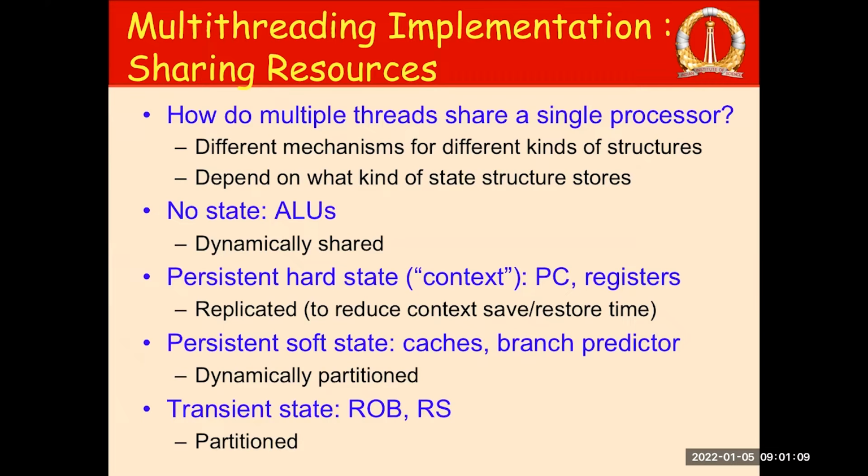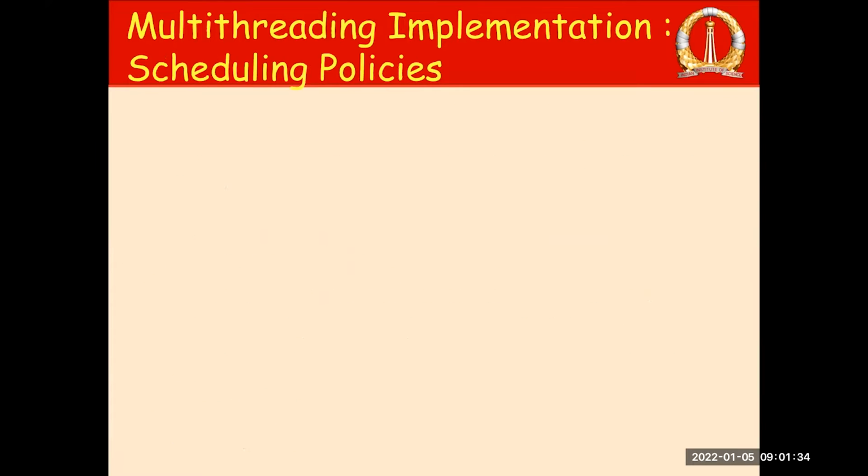And this sharing might happen either as a static partition, like you statically partition the reorder buffer into multiple chunks and give each chunk to one of the threads, or you can do dynamic partitioning of these resources. It depends on how the multi-threaded architecture is implemented and how scheduling between different threads happens.